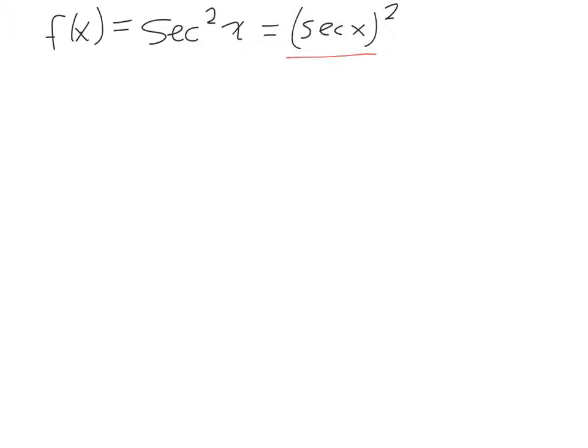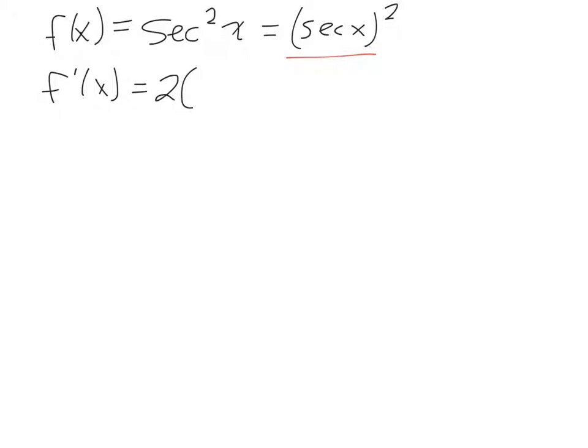Whenever we're looking at a trig function to a certain power, rewrite it like this. Because then hopefully you can see we've got, again, a function here, secant x, inside of another function, squared. So now if I want to find the derivative of this, well, I'm going to have to use my power rule here, so I'm going to bring down the 2.